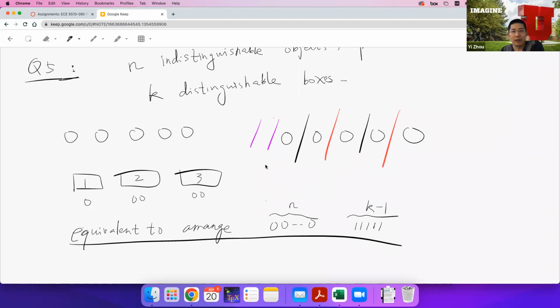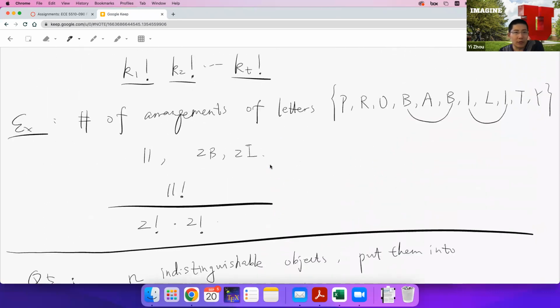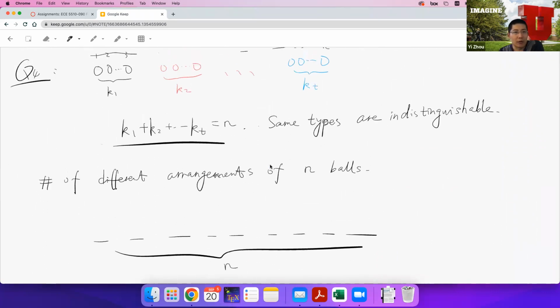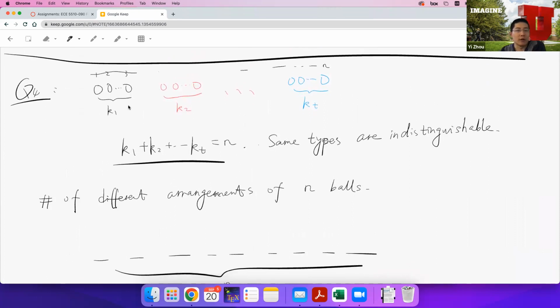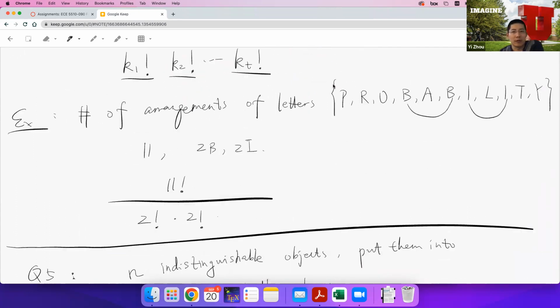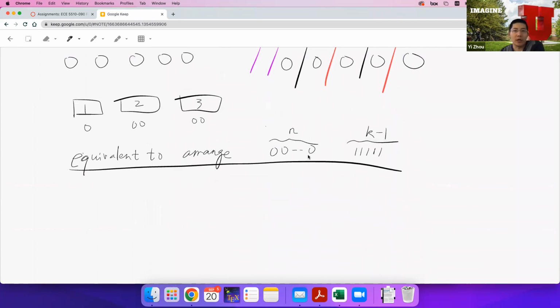Okay. So this reduces to the problem that we just considered, right? We have T different types of objects. Each type has a certain number of objects in it. So here we only have 2 different types. One is the apples, one is the separators. Now we have n apples, k minus 1 separators. Okay, so how many arrangements?